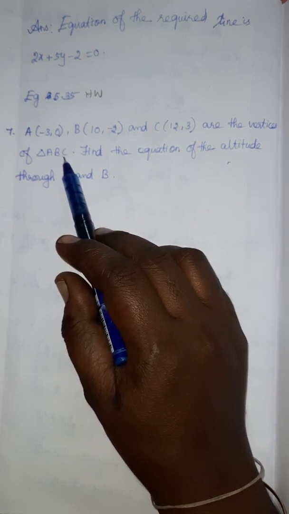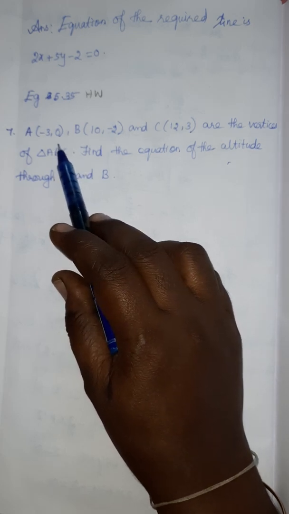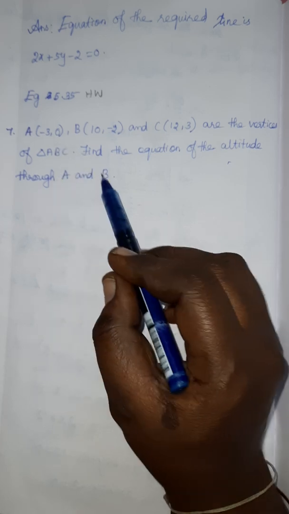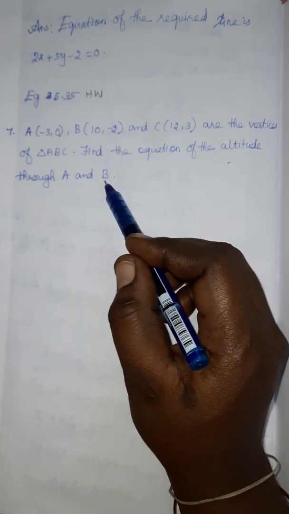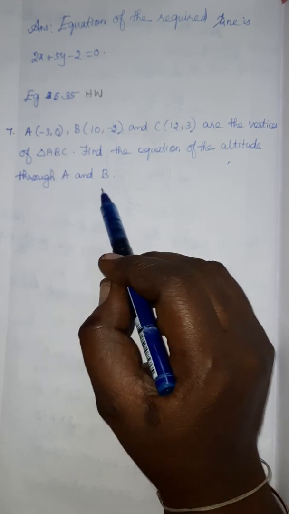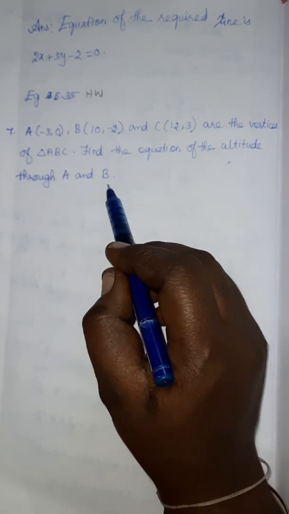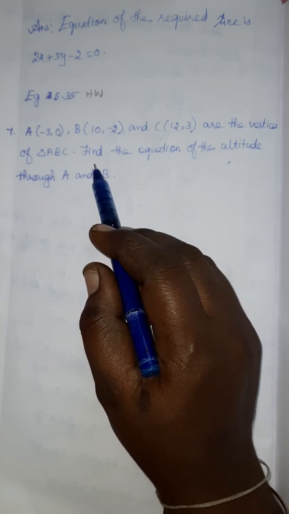So using the m1 into m2 equal to minus 1 condition, you can find the slope through A and through B. First you find the slope of the opposite side of the particular vertex, then use the condition m1 into m2 equal to minus 1.